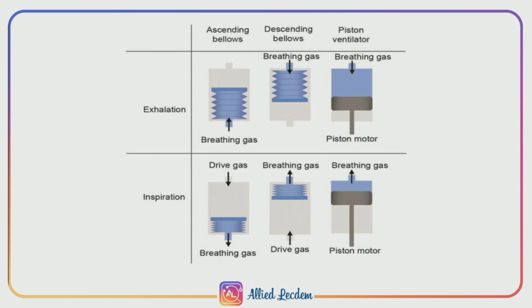In this picture, first we'll see about ascending bellows. Here you can see the driving gas flow will compress the bellows during inspiration, and during expiration the bellows will re-expand. During exhalation in the ascending bellows, the breathing gas enters into the bellows, so it expands. During inspiration, the delivered gas enters into the canister, compressing the bellows and making the breathing gas exit via another port.